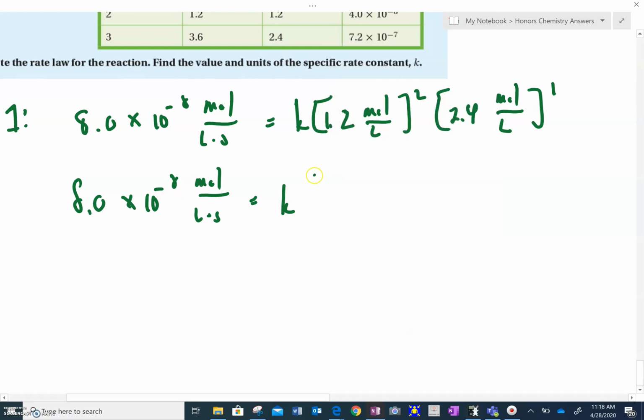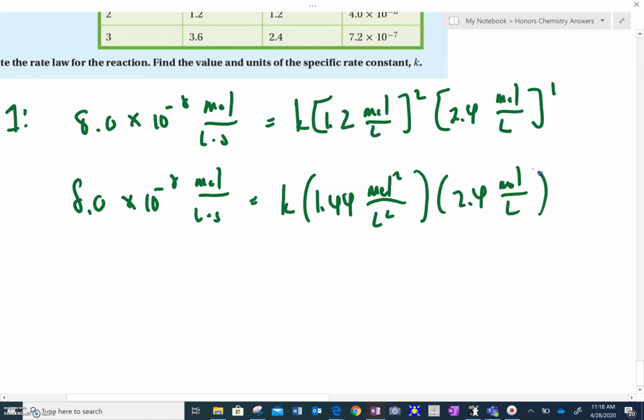So now we have 1.44 and we're squaring the units as well. Moles squared over liters squared. And we're going to do the same thing with this. This is now 2.4 moles per liter. Nothing happens. Let's multiply both of these together.